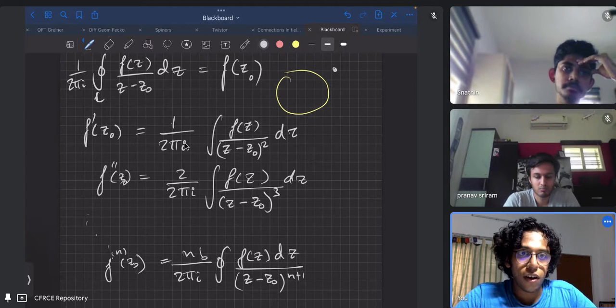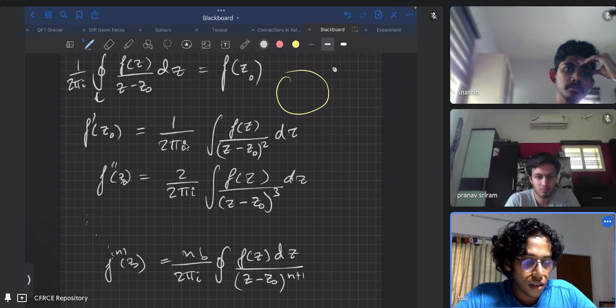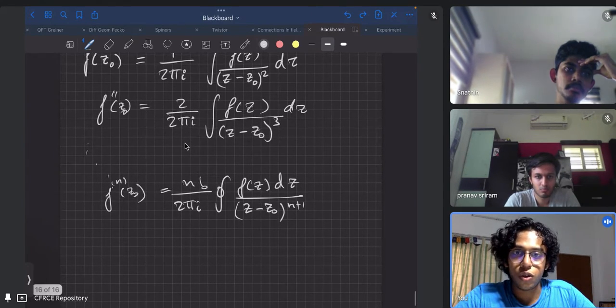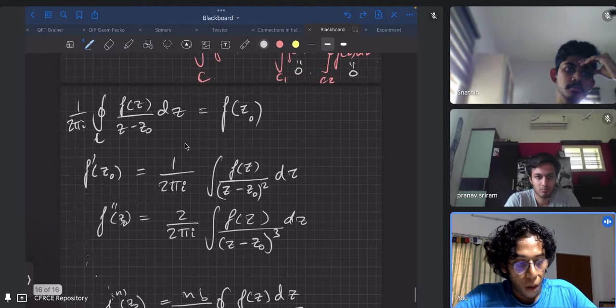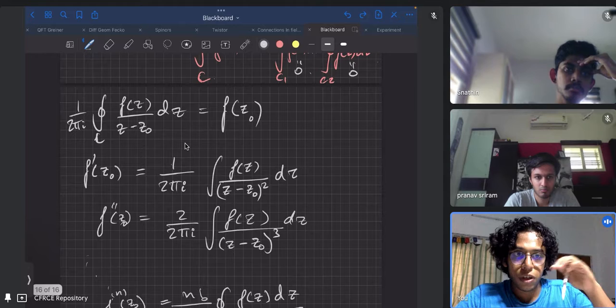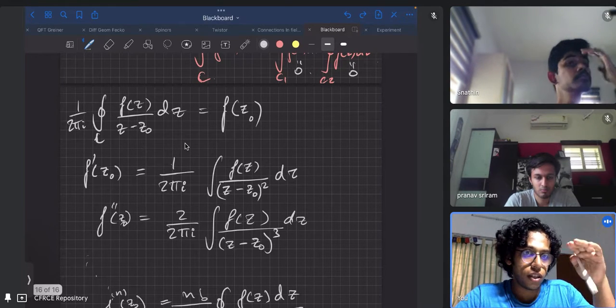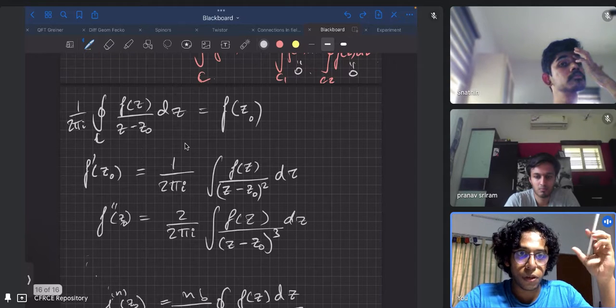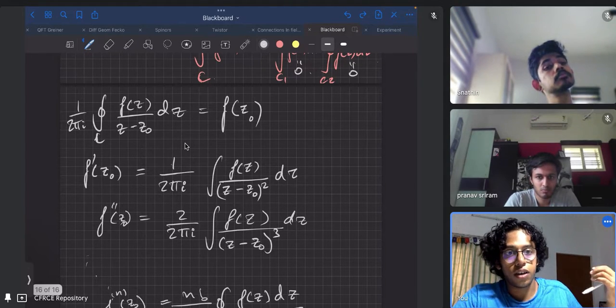It is essentially talking about differentiability here. Your upper limit is f of z, but beyond that, once you differentiate with respect to z naught and keep differentiating, you have conditions for analyticity.